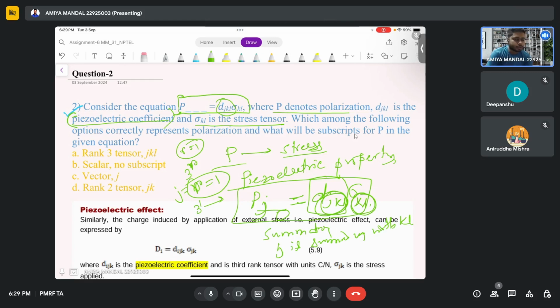So this will be a tensor of rank 1, which means this is a vector.